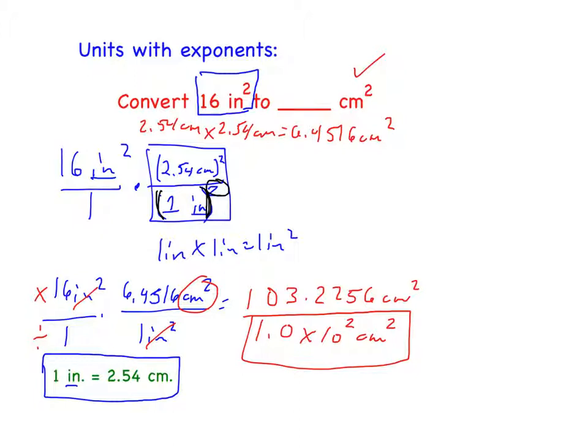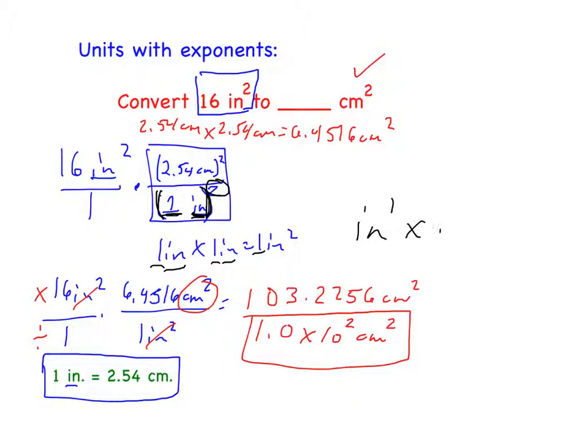And remember, when you have something in parentheses and you raise it to an exponent, that applies to everything inside the parentheses. So that would include the number and the unit, which is why we did 1 times 1 and inch times inch.